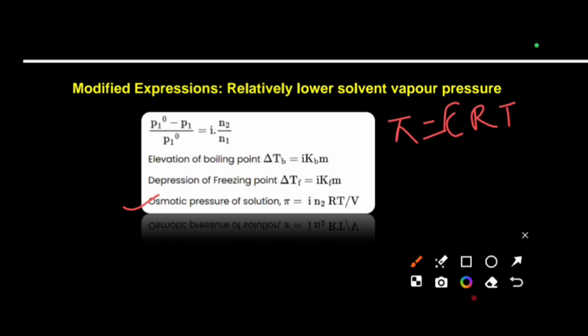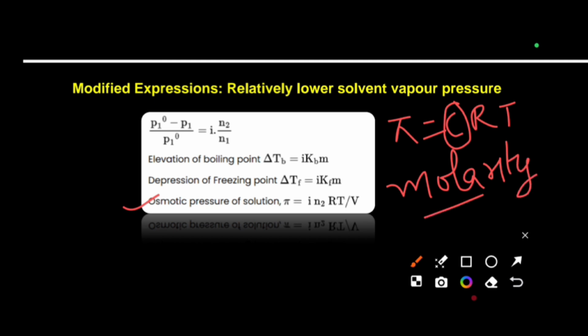You can see here C is the concentration in terms of molarity. It is not molality, it is molarity. You know very well that in molarity also the moles of the solute are coming, that's why you have to attach i with that. So i, you will use wherever the moles of solute come, so that you can show whether association or dissociation takes place.